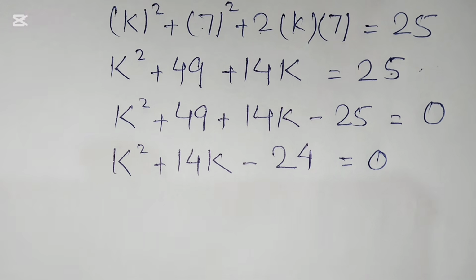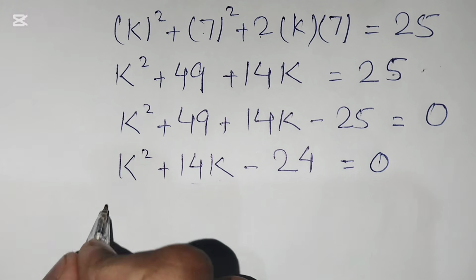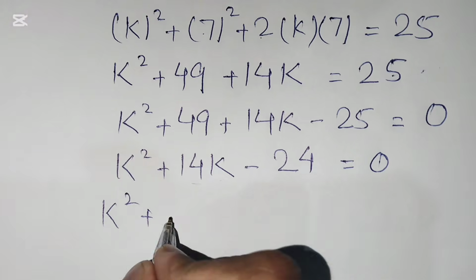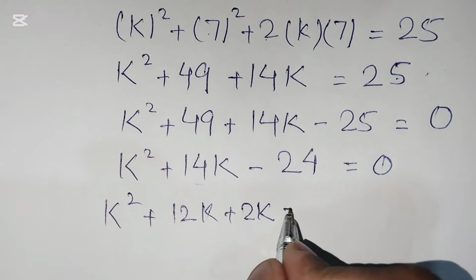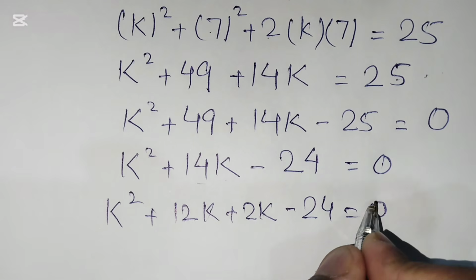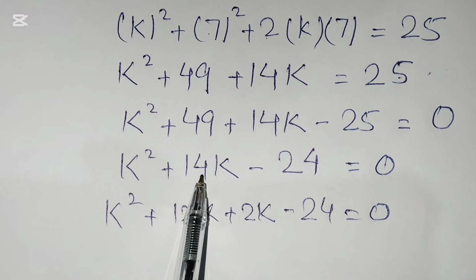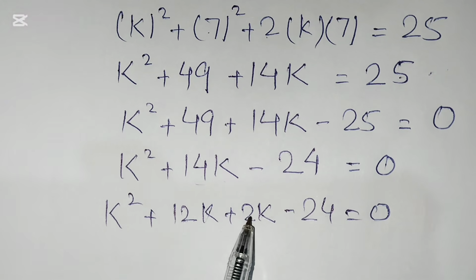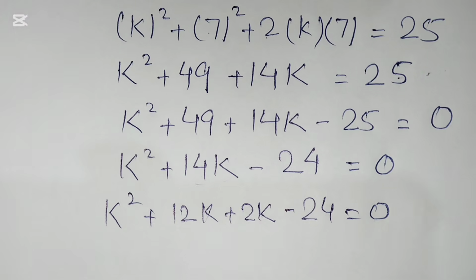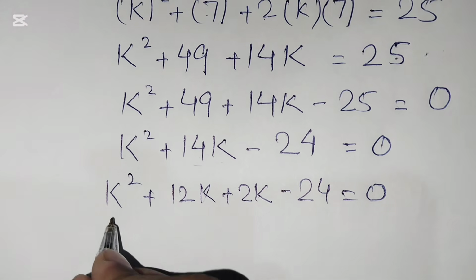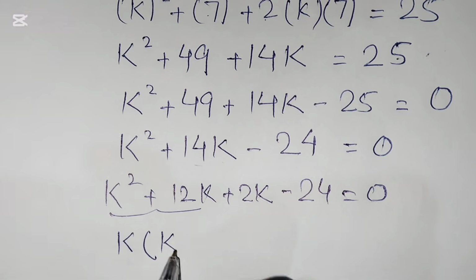Now we can write this factorization as k square plus 12k plus 2k minus 24 is equal to 0, because 12k plus 2k is 14k and 12k into 2k is 24k square.